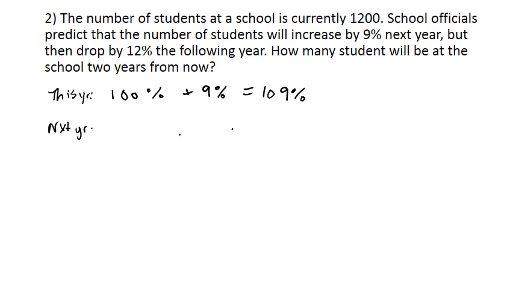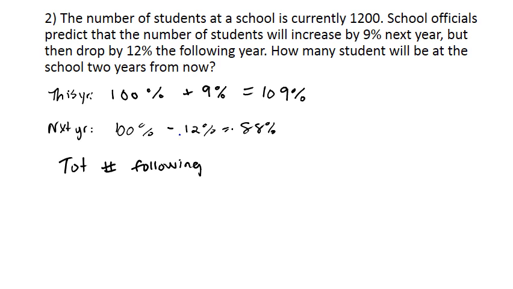Next year, it will be 12% less, so a 12% decrease, or 100% minus 12%, which we know will be 88%. So we can combine these percents by saying total number the following year is equal to 88% of the number next year.